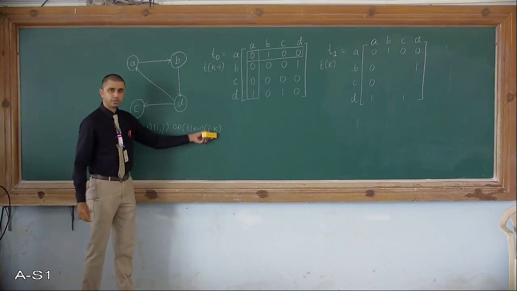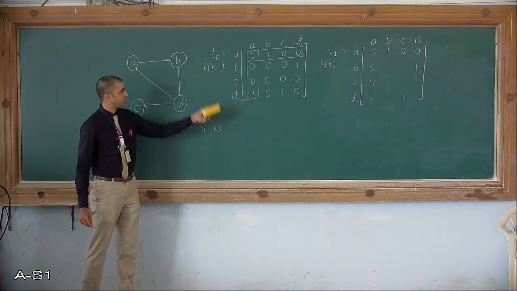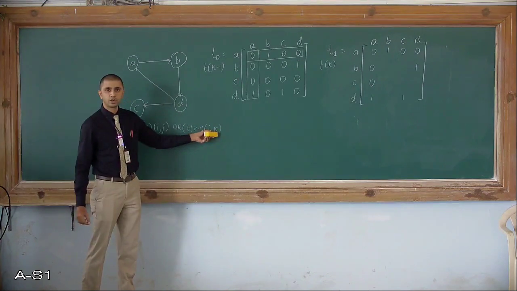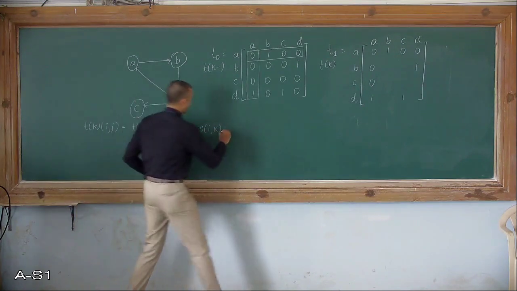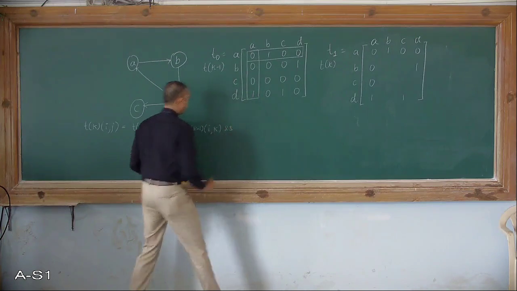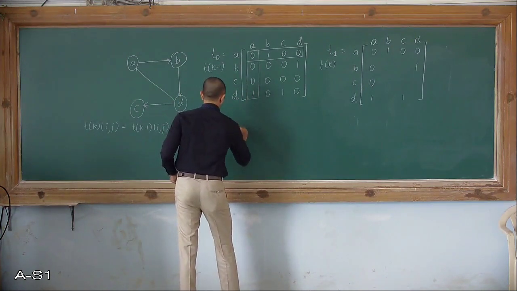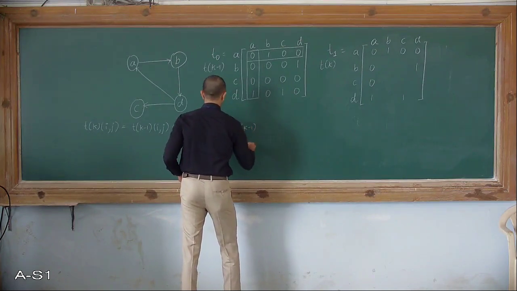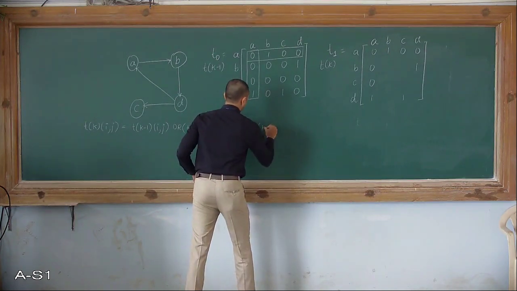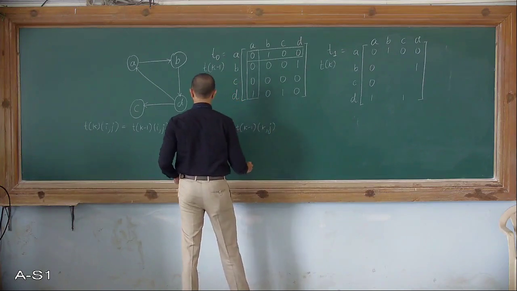K is the intermediate vertex over here. So in the first matrix, our intermediate vertex is going to be A, and I'm going to use a logical AND over here. Here I've used OR. T of k minus 1, it is going to be k comma j.